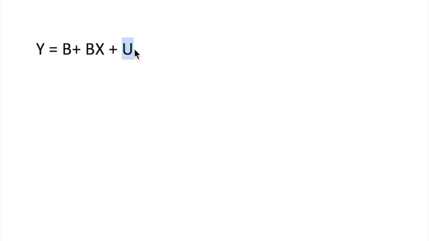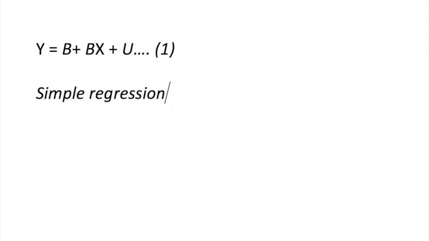The error term simply takes account of other factors that influence consumption expenditure aside from income. So this becomes our econometric equation, and this is what we call a simple regression equation because it involves two variables.